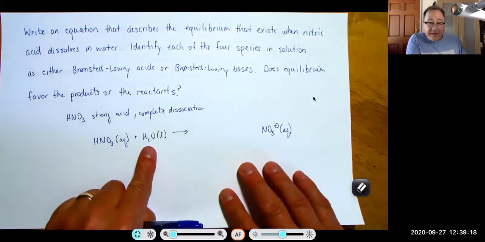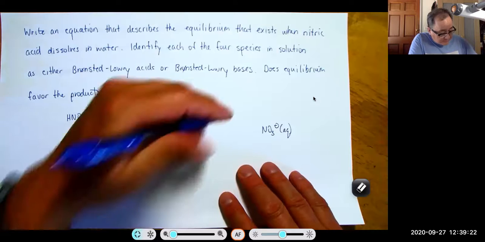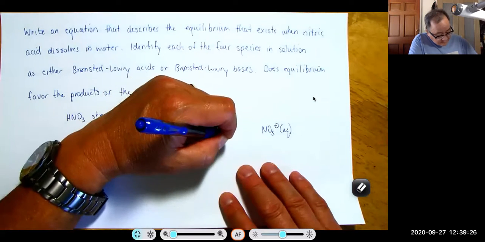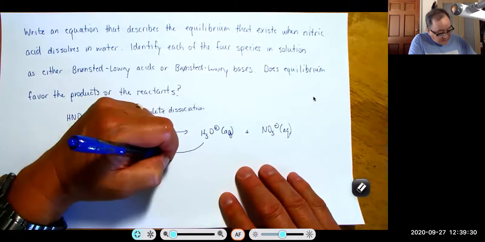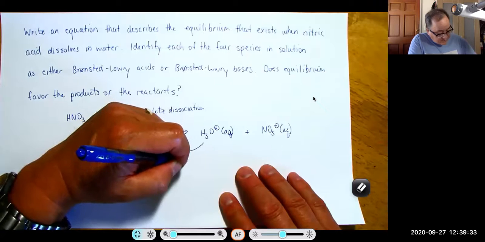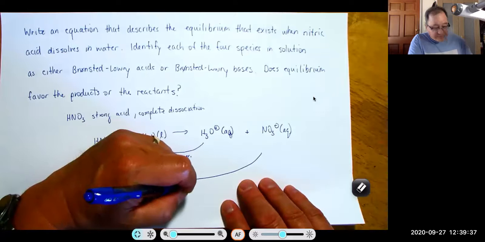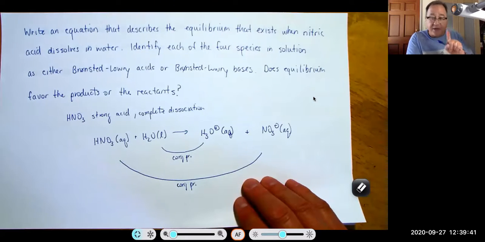And this is a base, so it's going to get one more proton and one more charge. So these are conjugate pairs. And these are conjugate pairs. And remember, the reason we like recognizing conjugate pairs is because they differ by one hydrogen and one charge.